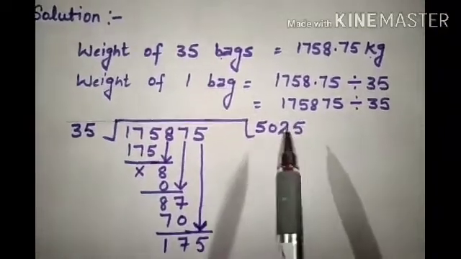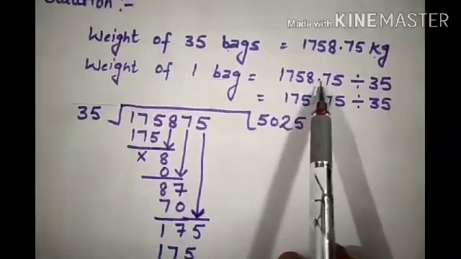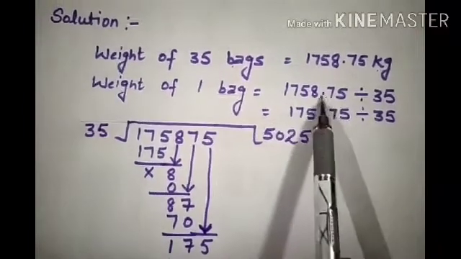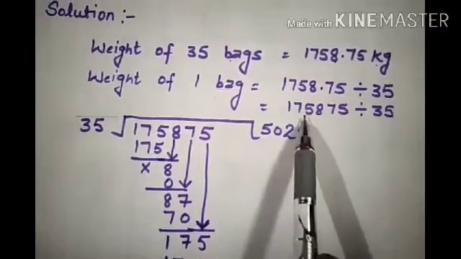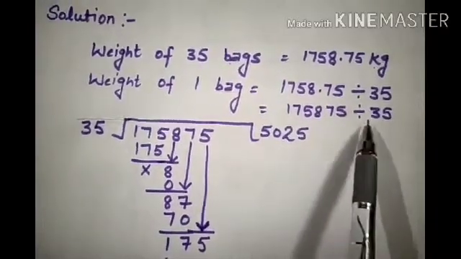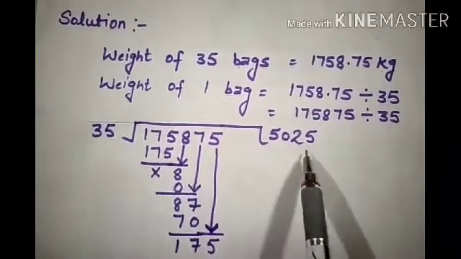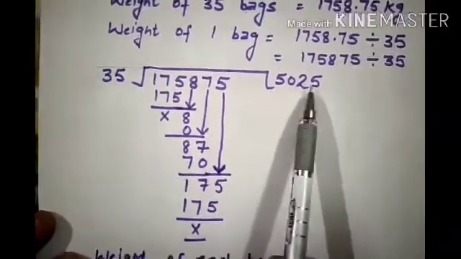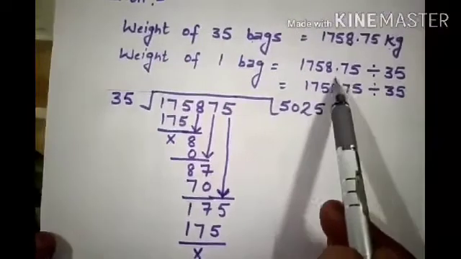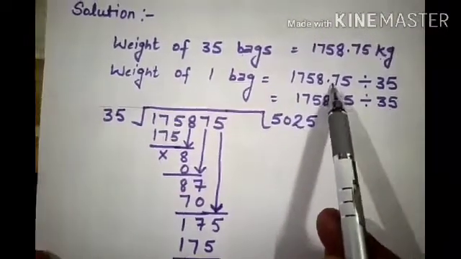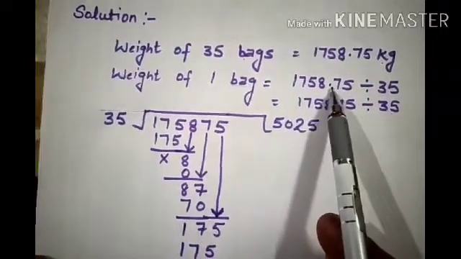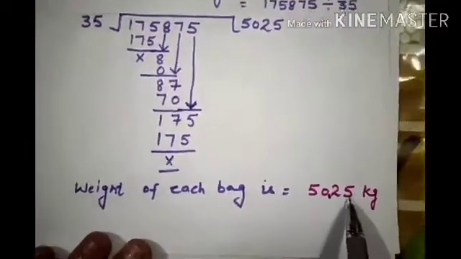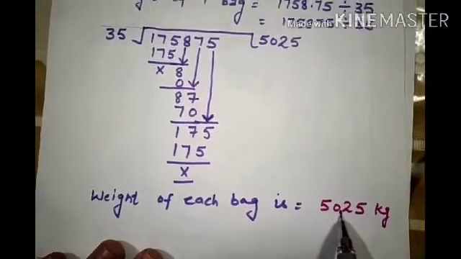अब आपको as I told you earlier कि when the dividend is in decimal form, फर्स्ट ऑफ ऑल आप इसका क्या करें, डेसिमल इग्नोर कर दें. कर दिया इग्नोर, हमारे पास नंबर क्या बना 175875 डिवाइडेड बाय 35. अब आप इसकी सिंपल डिवीजन कर दीजिए. जैसे हम सिंपल डिवीजन करते हैं, सिंपल डिवीजन करके we get the quotient 5025. Now in the dividend after the decimal there are two places. ठीक है, तो the dividend has two places, so we will put the decimal from the right side. ठीक है, from the right side we will skip the 2 digits and we will mark the decimal.